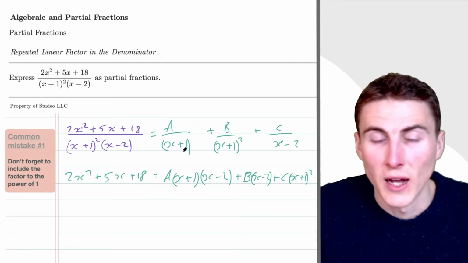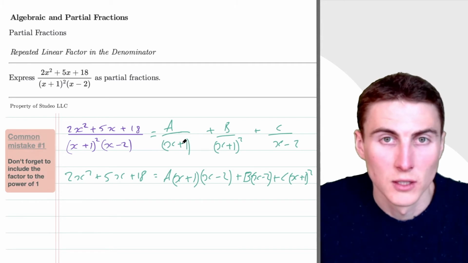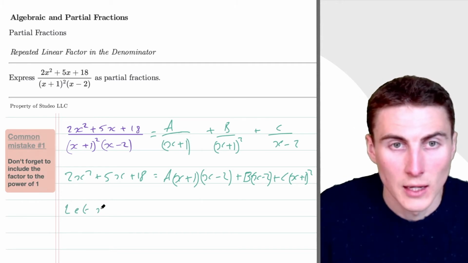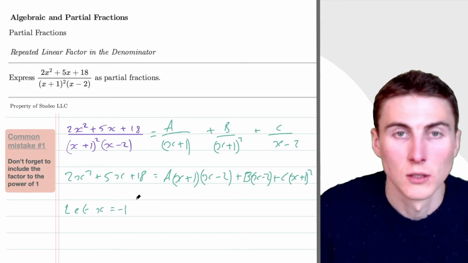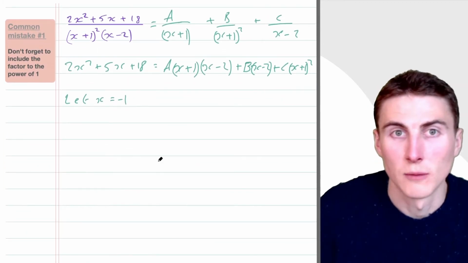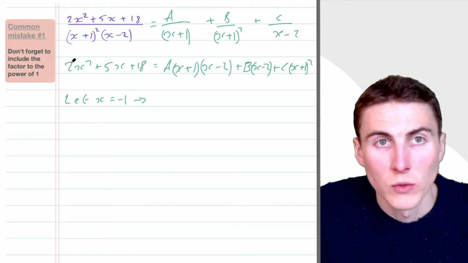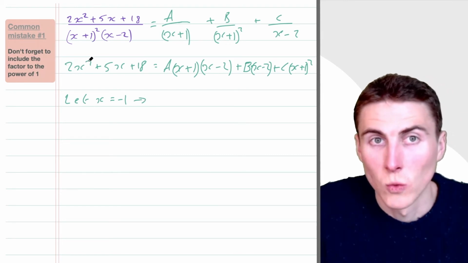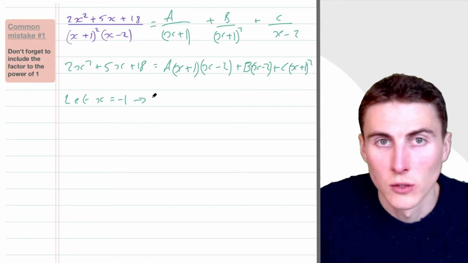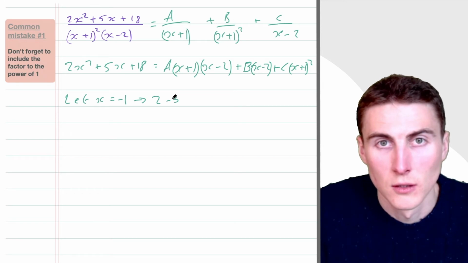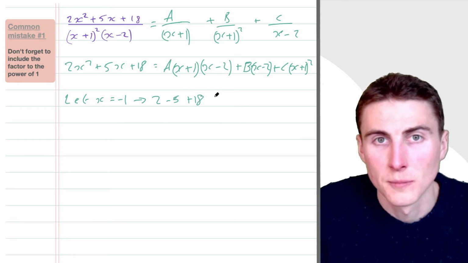Then we're going to go through and let x be 2 and then be minus 1 first to cancel out these brackets. So let's let x equal minus 1. If you scroll down, what we're going to have there is over here, we'd have minus 1 squared is just 1, 2 times 1 is 2, so 2, minus 5, add 18, that's what this on the left would become.